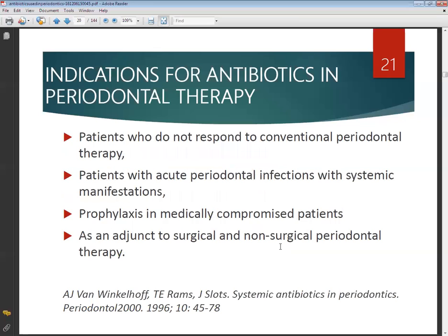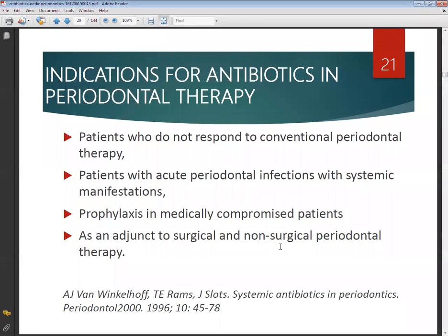Now, coming to the indications for use of antibiotics in periodontal therapy. The first indication is patients who do not respond to conventional periodontal therapy, such as scaling and root planing, as well as gingival or subgingival curettage.